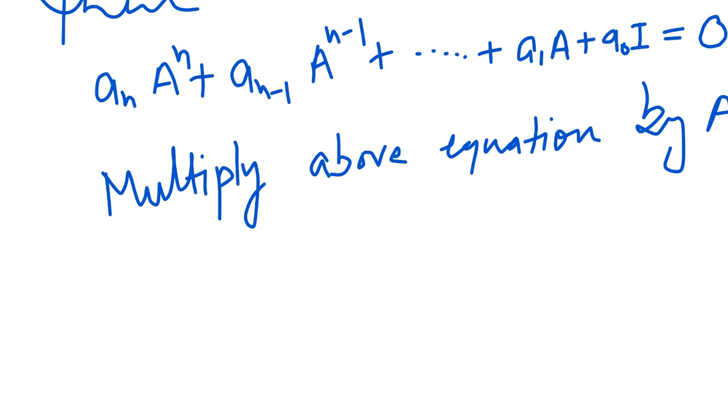So a_n into A inverse, or we can take it as A to the power n into A inverse. Or we can take it before also. So not to worry.